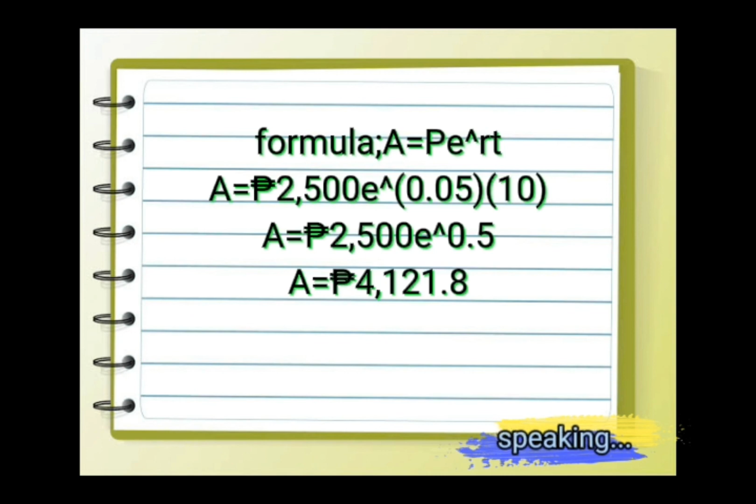We will have A equals 2,500 pesos multiplied by e raised to 0.05 times 10. A equals 2,500 e raised to 0.5 because we multiply 0.05 by 10.